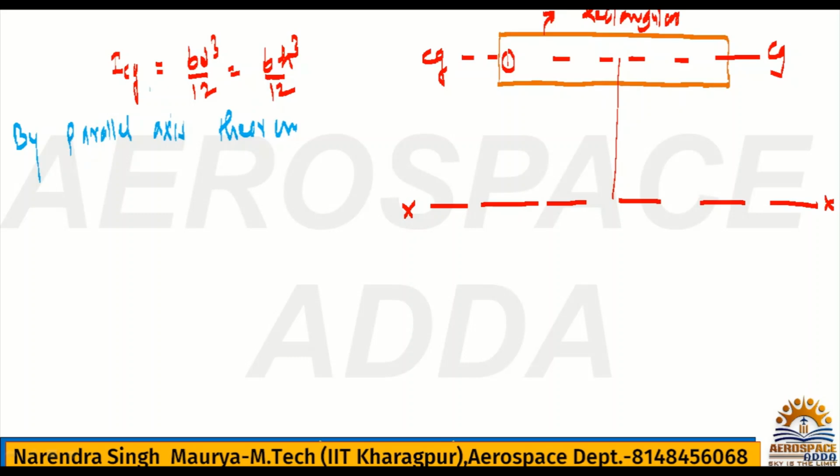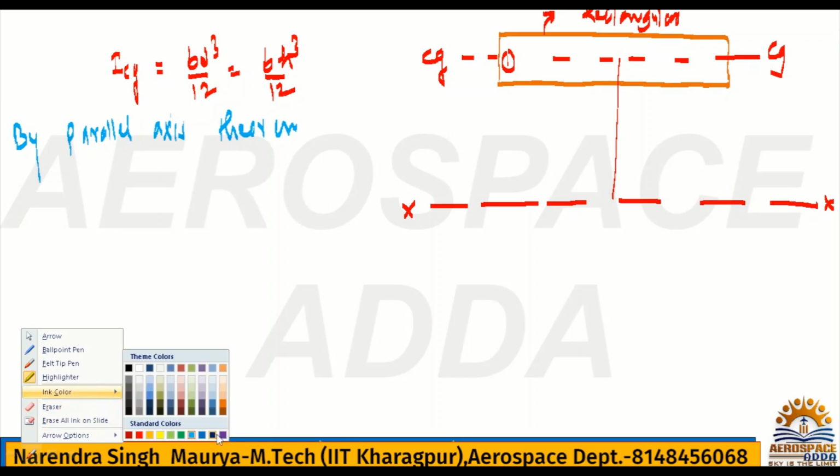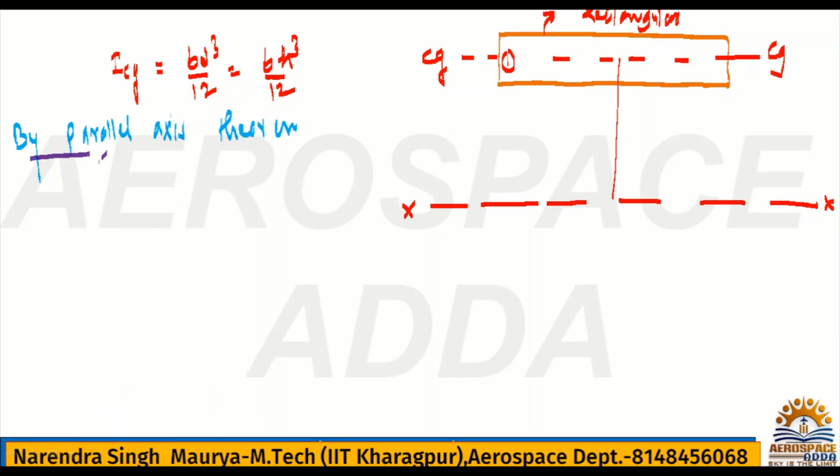But you are interested in calculating moment of inertia about some other axis, which is not passing through the CG, like this xx. For this, you have to apply the parallel axis theorem.